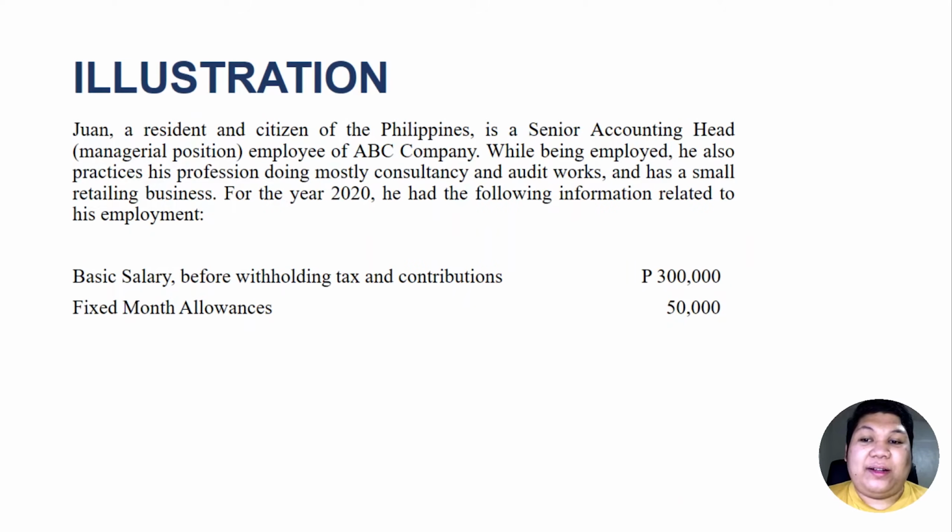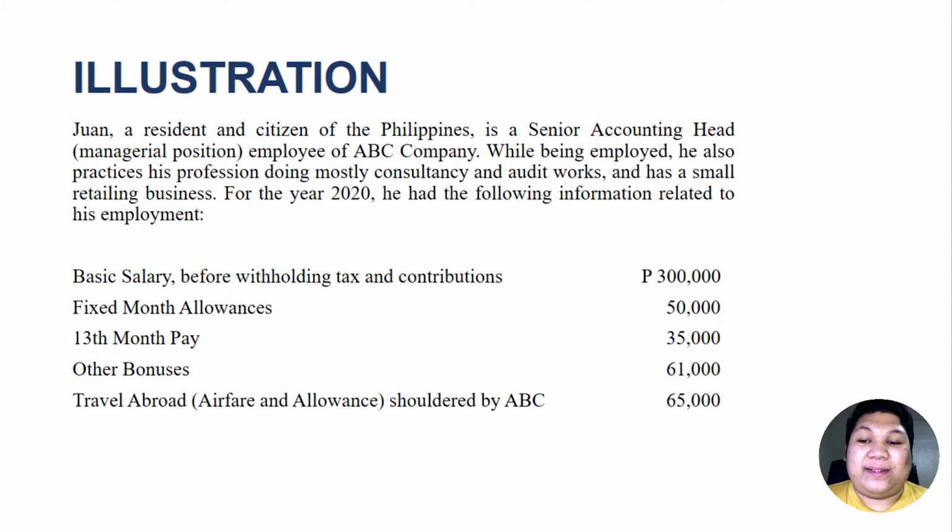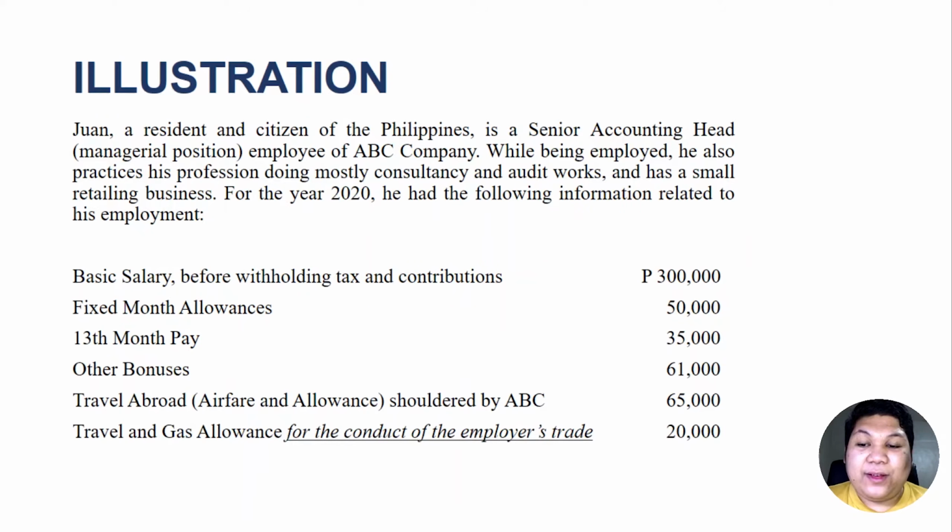Fixed monthly allowances are 50,000 pesos, 13th month pay is 35,000 pesos, other bonuses are 61,000 pesos, and travel abroad airfare allowances shouldered by ABC Company are 65,000 pesos. Travel and gas allowance for the conduct of the employer's trade is 20,000 pesos.